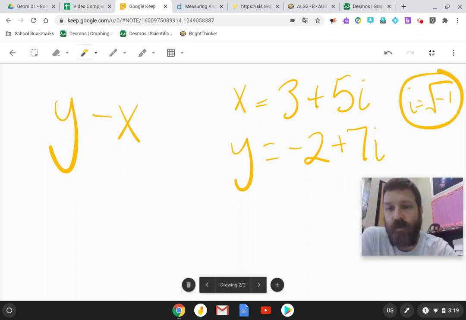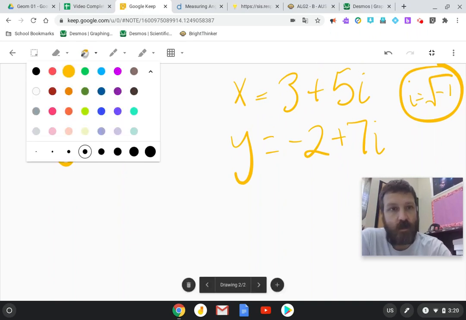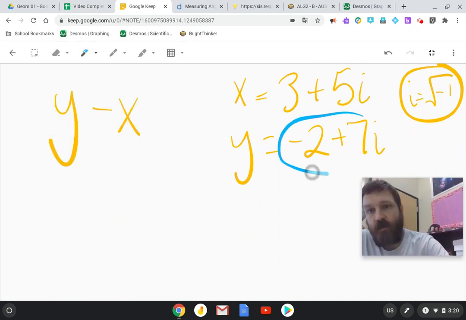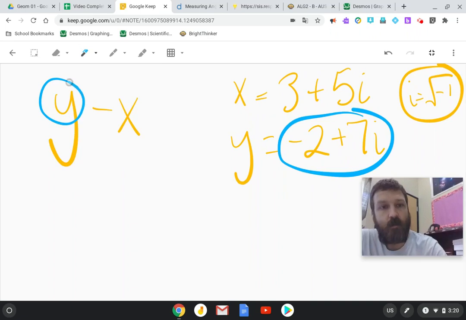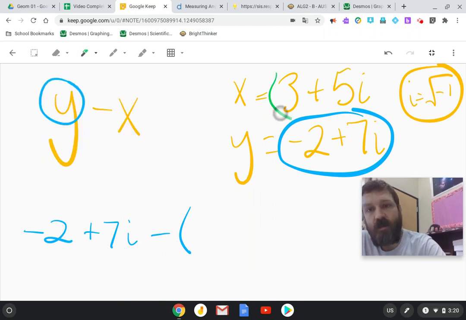So these were problems in that unit where we've been working with this type of expression. Just to be clear, you're going to take this and put it in for the y. So it's going to be negative 2 plus 7i minus, and then in parentheses, we're going to put the expression for the x, which is this.